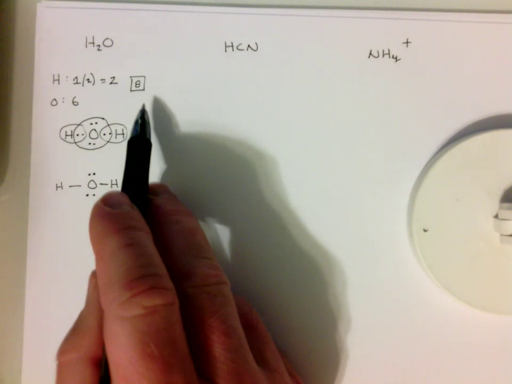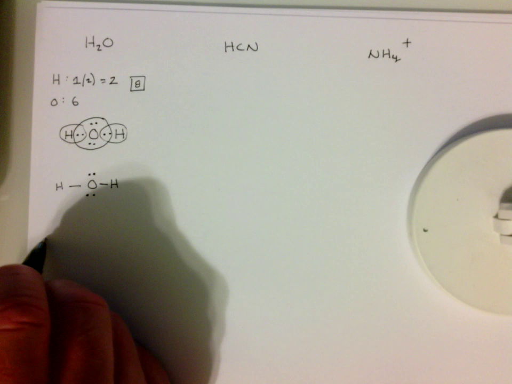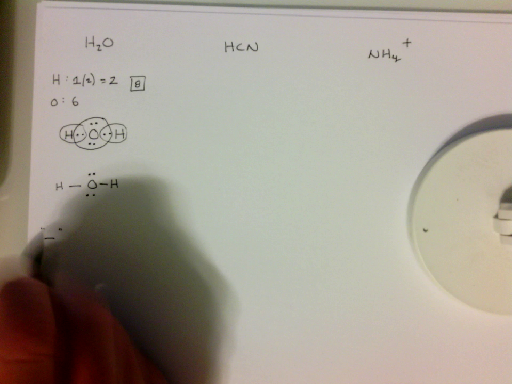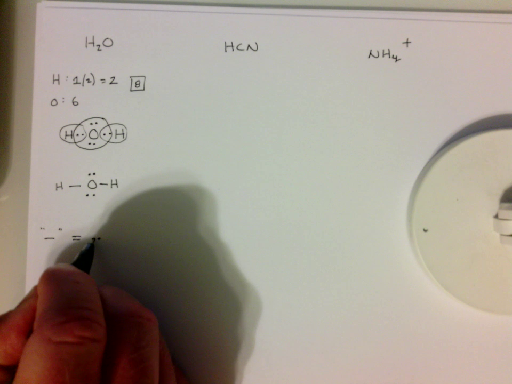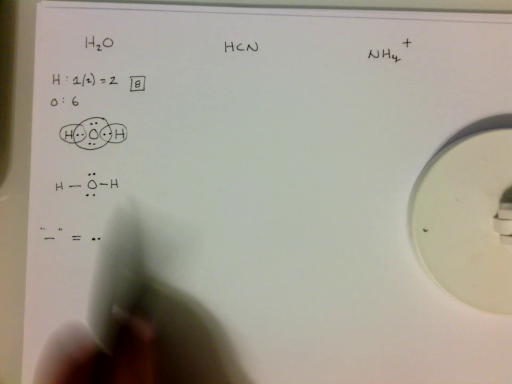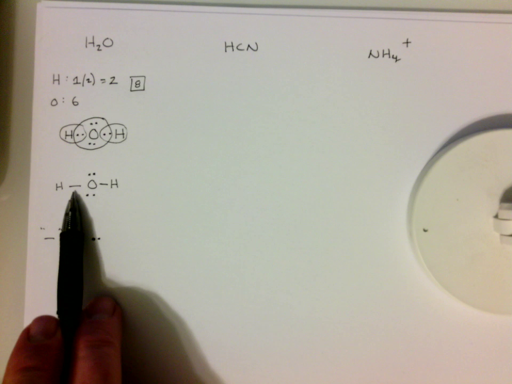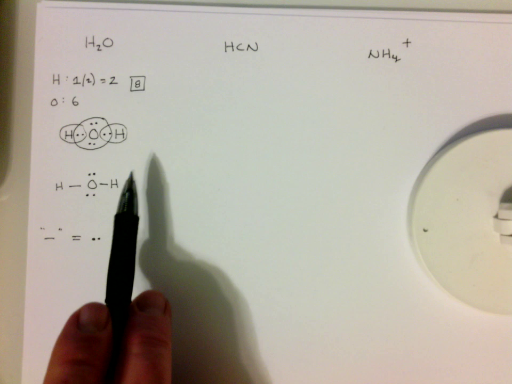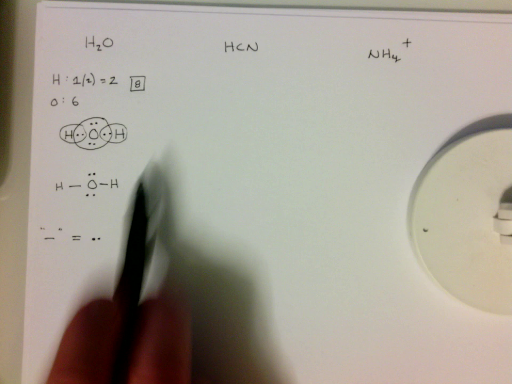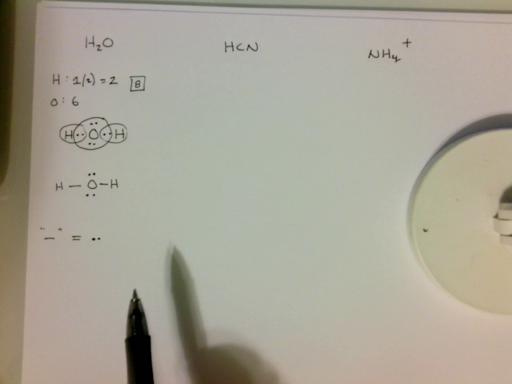We are still using all 8 electrons. Remember that any bond line is equal to a shared pair of electrons. So we've used 2, 4, 6, 8 electrons, and we've completed the octets on all of the atoms.